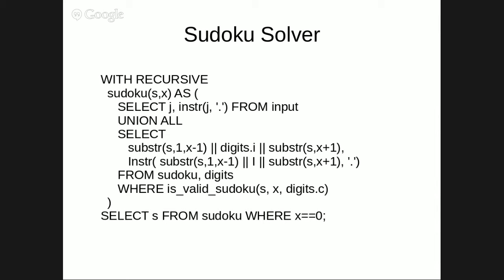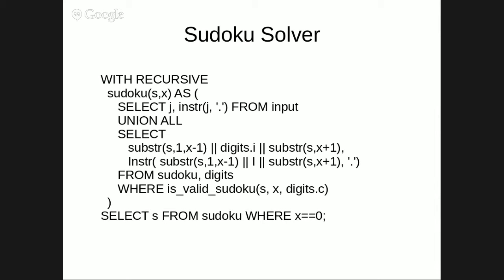So we initialize our puzzle to J and the instr of J from input. That's our initial state. It's the initial string that we had plus the index of the first unfilled slot. And then here's our recursion step.